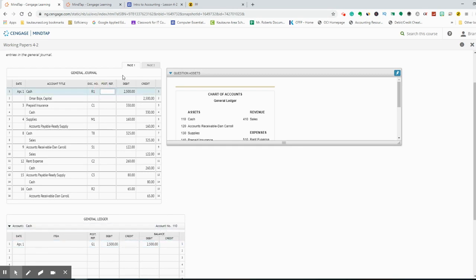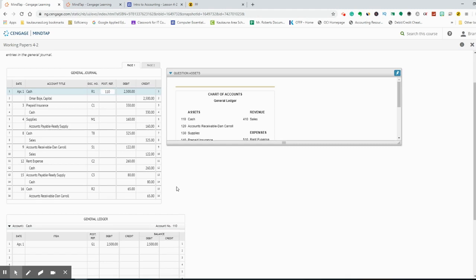Now remember, this is very important because it tells us that we have now posted this cash transaction, and it helps us to go back and refer. We can look at both of these. We can look at the journal and say, hey, if I have any questions about whether it's recorded correctly, I can go to account 110, which is cash. And here I can say, hey, I don't know if this was correct, so why don't I go to general journal page 1 and refer back up to the general journal?